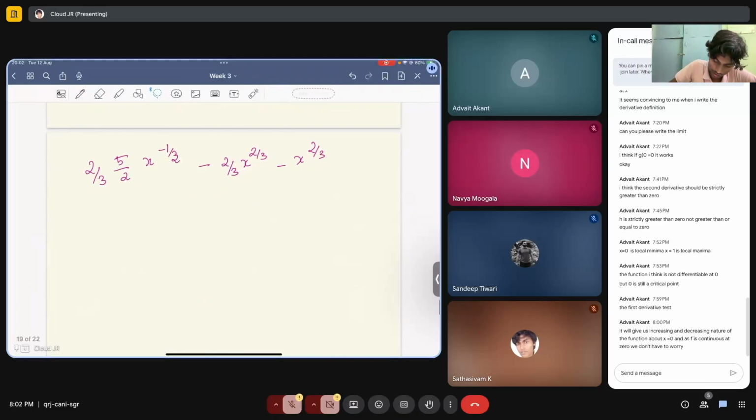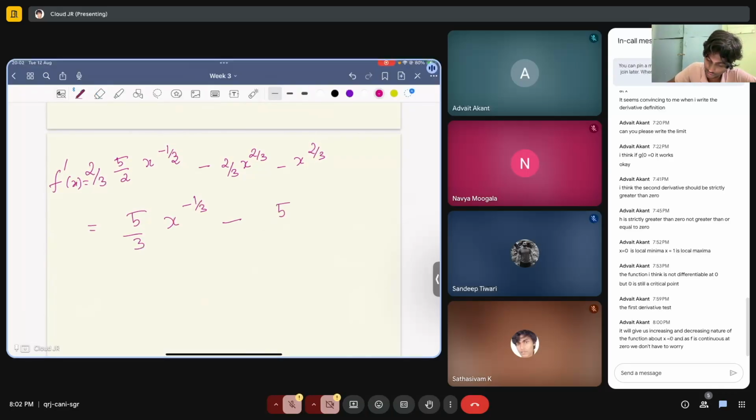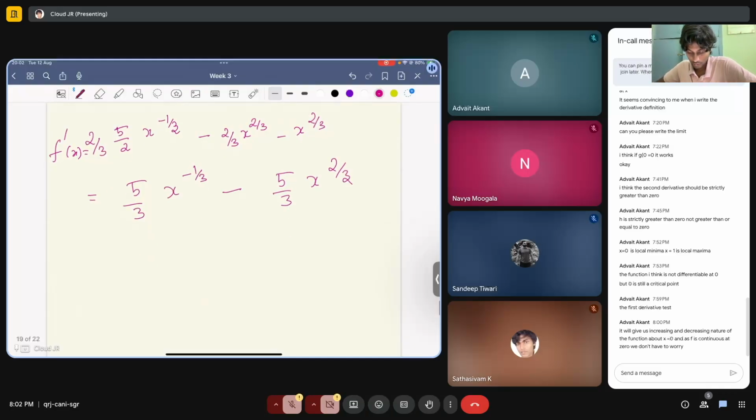Okay, so this is the f prime of x, and let's apply the first derivative test. But before that, let's simplify a little bit. This is 5 by 3 x power minus 1 by 3 minus, and here we have 2 by 3 x power, that's 5 by 3, right? And that is 5 by 3 x power 2 by 3. Okay, so this is what you have now.